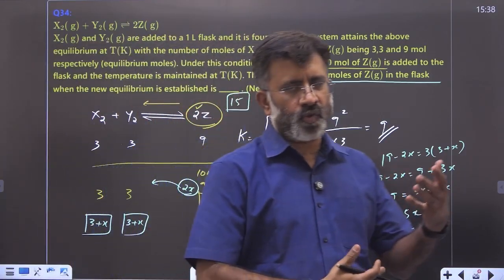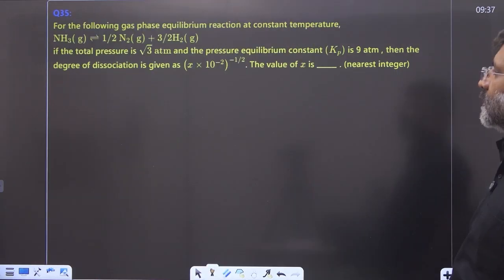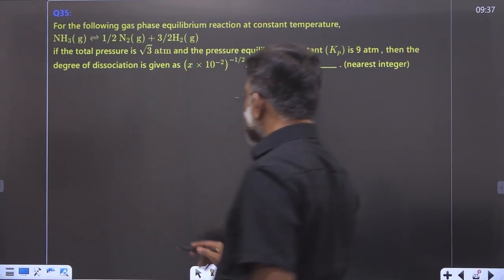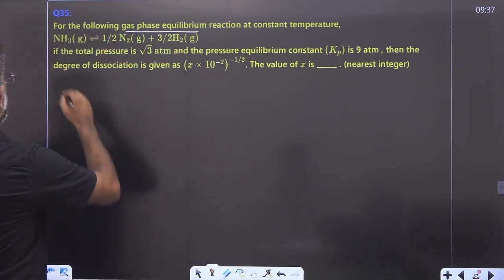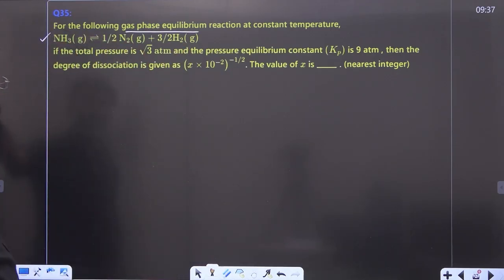A similar question to the other one we did. Question number 35. We have a gas phase equilibrium given. This is the reaction: NH3 gas giving half N2 gas plus 3 by 2 H2 gas.